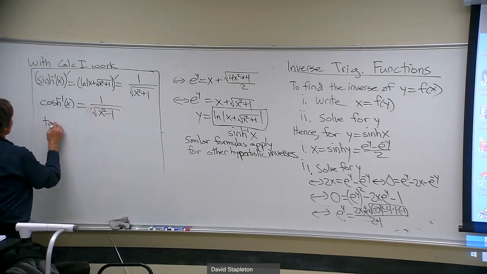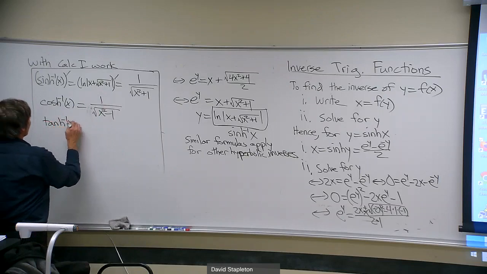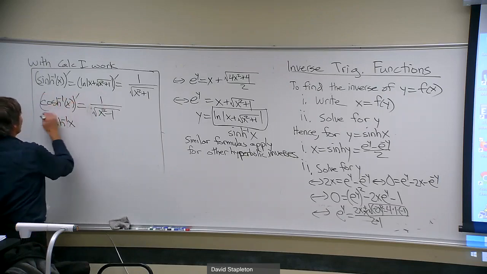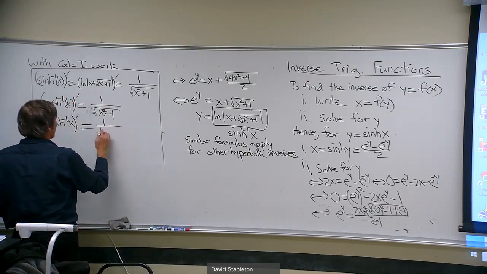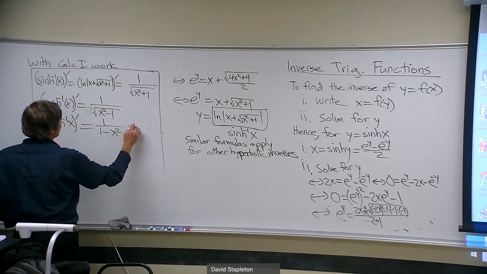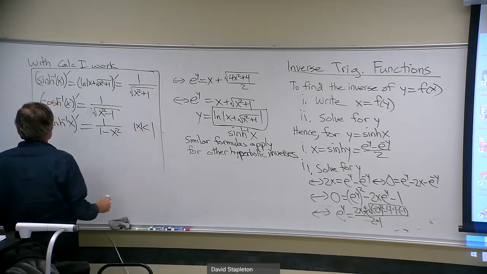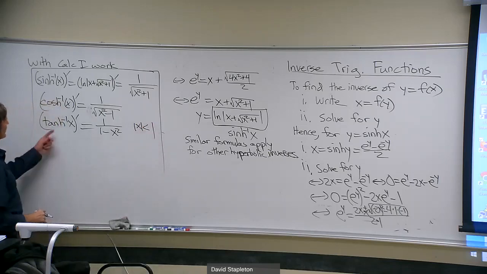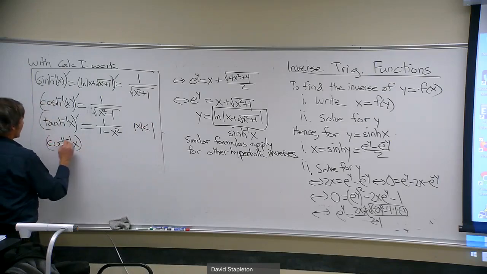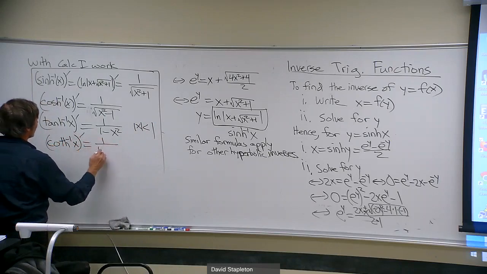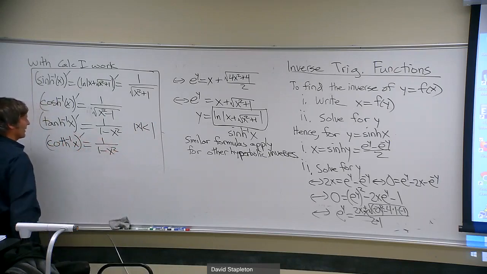Similarly, the inverse hyperbolic tangent of x has derivative 1 over 1 minus x squared. It applies when the absolute value of x is less than 1. That's where inverse hyperbolic tangent is defined. Similarly, the inverse hyperbolic cotangent has derivative 1 over 1 minus x squared also. How can that be?